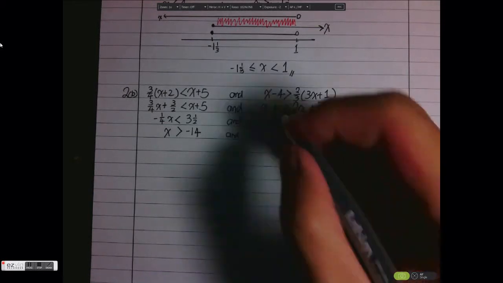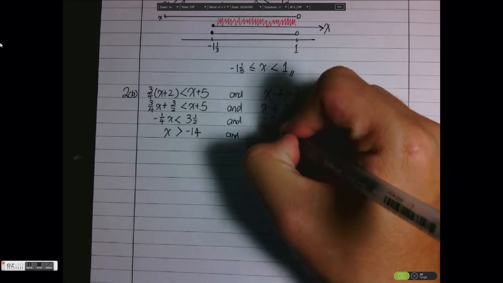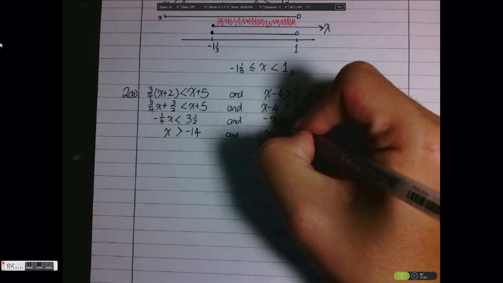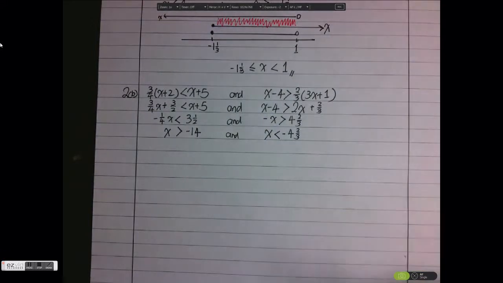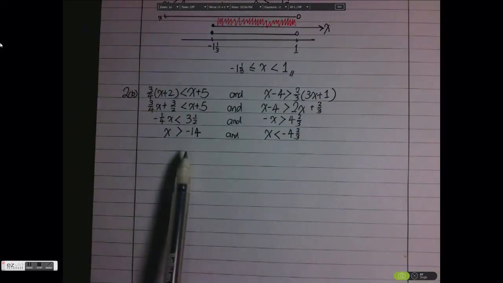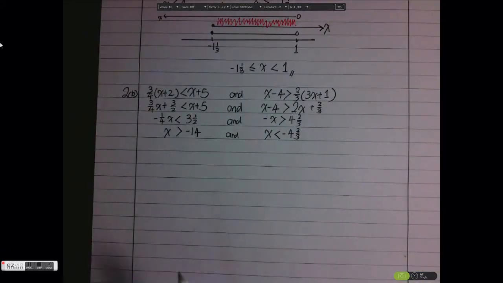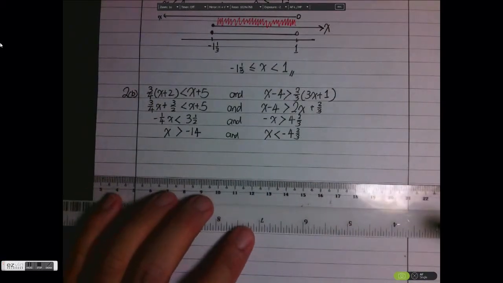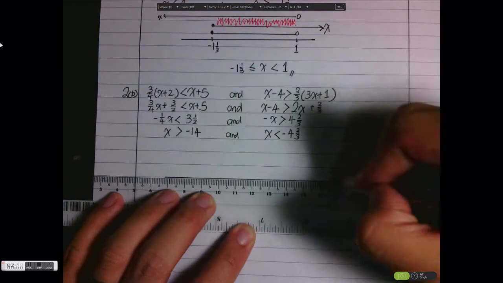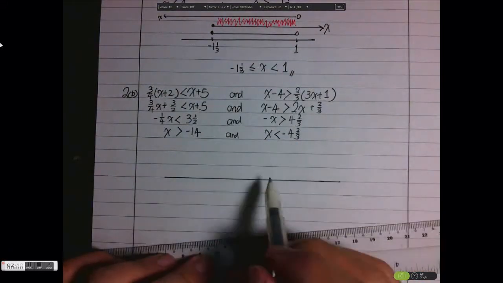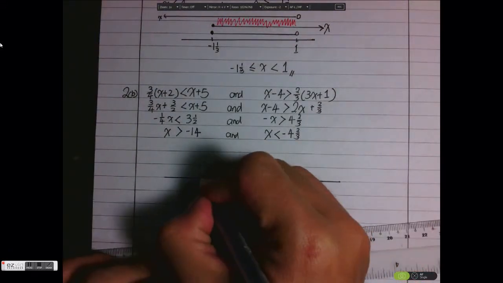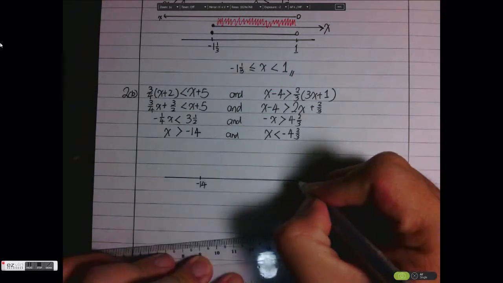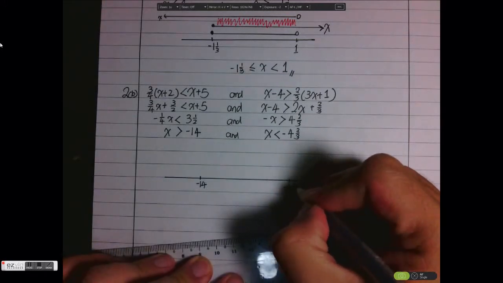Once again, we are at this point whereby we have to draw these two inequalities on a number line so that we can actually find another inequality that will satisfy both of them. So what I do now is I will draw a number line, negative 4 and 2/3, negative 14.